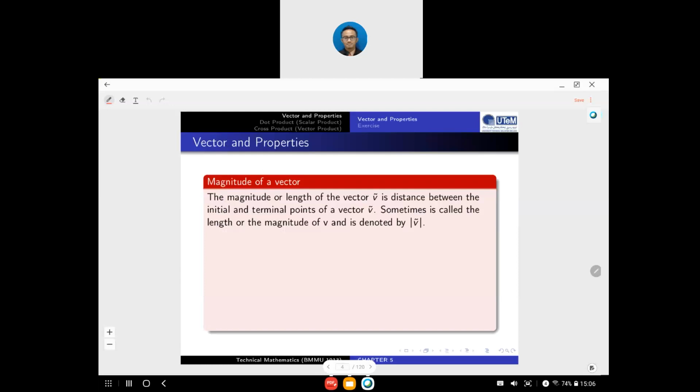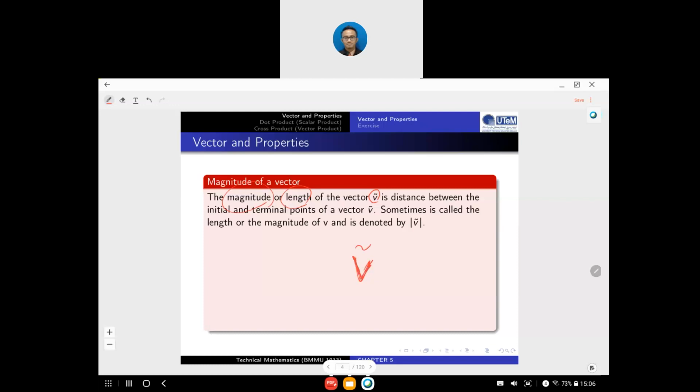So what is the magnitude of a vector? Actually, we already learned this previously. It is the same concept. In order to find the magnitude or length of a vector, make sure you put a vector symbol. In your module, it doesn't have the symbol because the V here is bold.